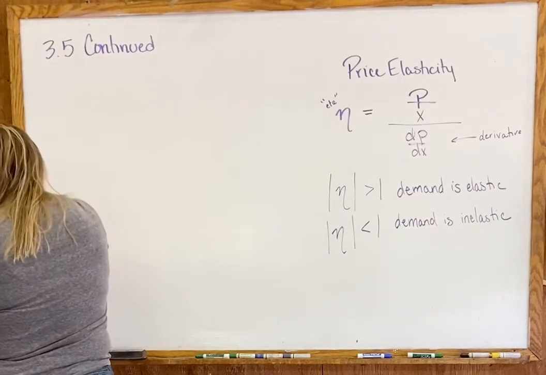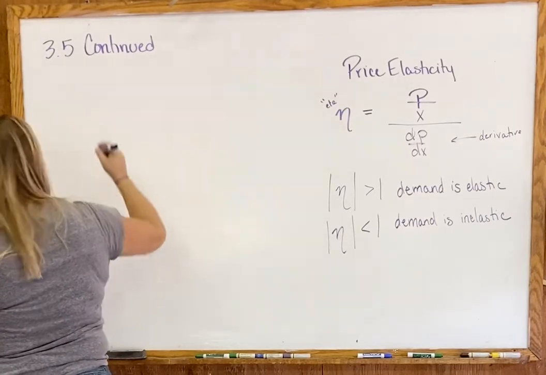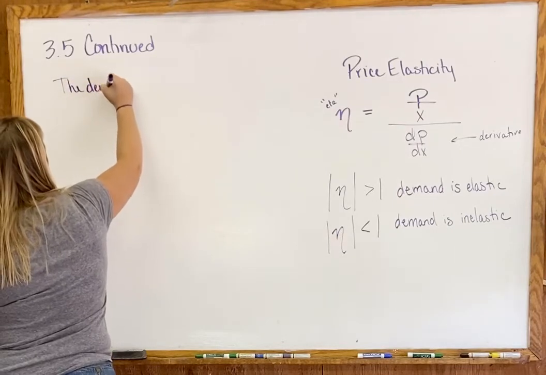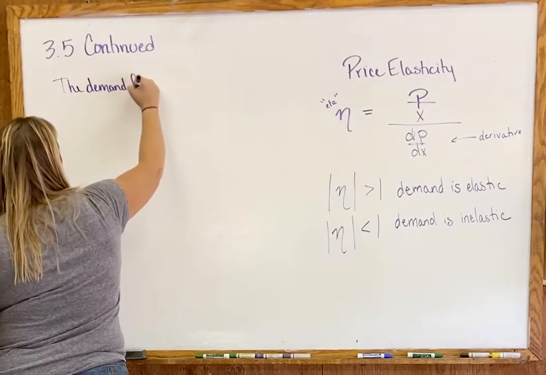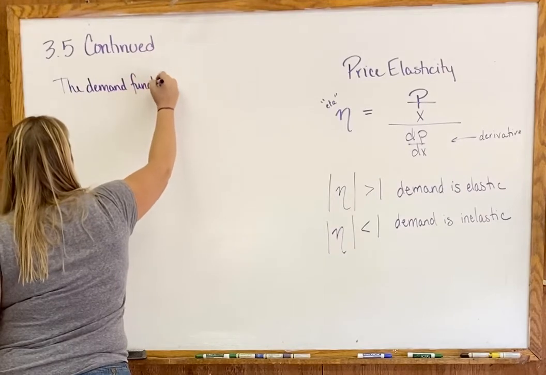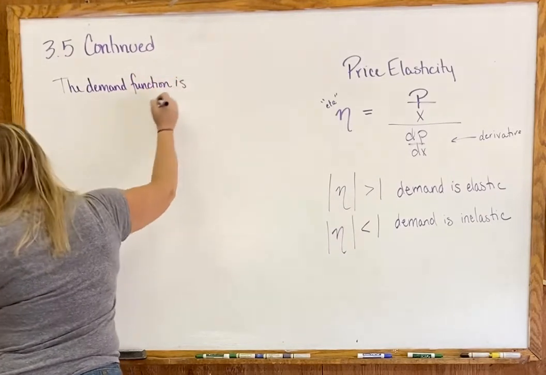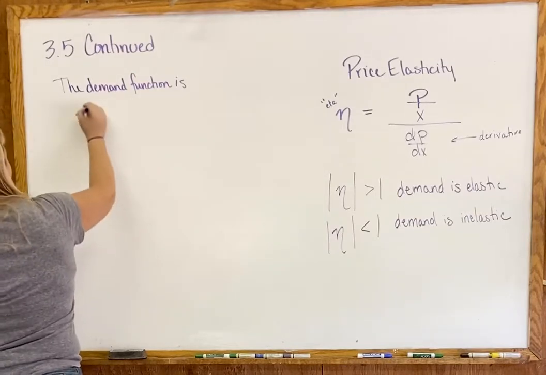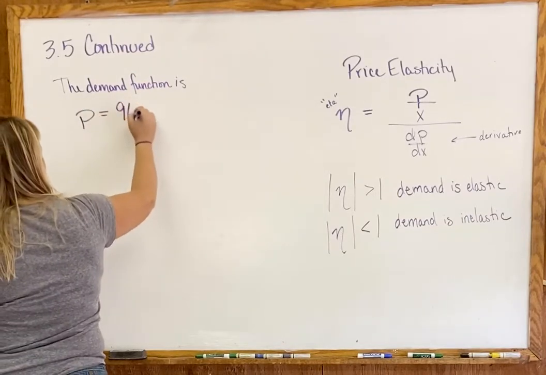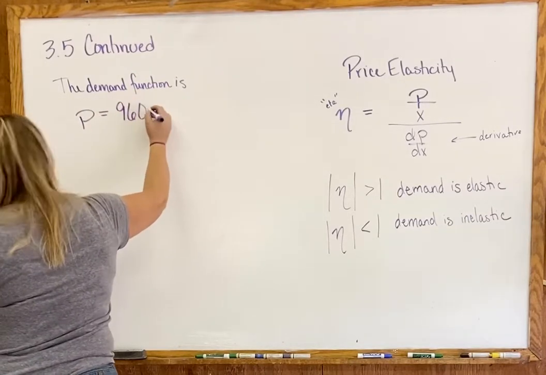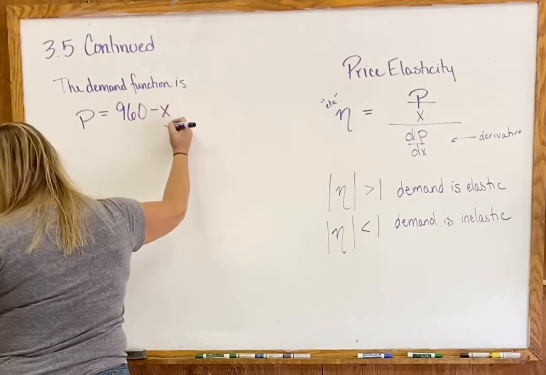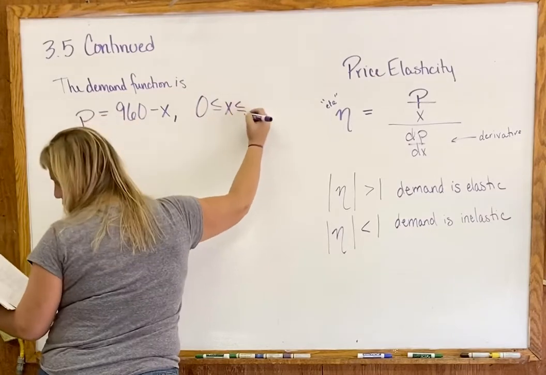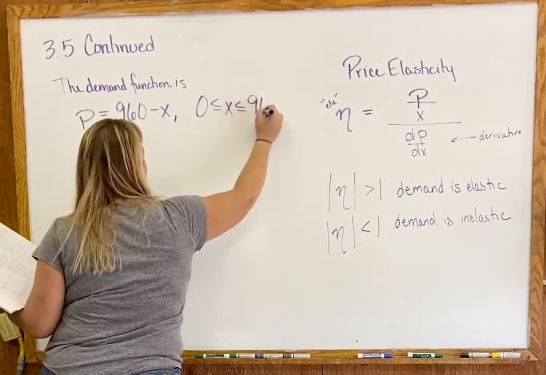The demand function for a product is P equals 960 minus x for x from 0 to 960.